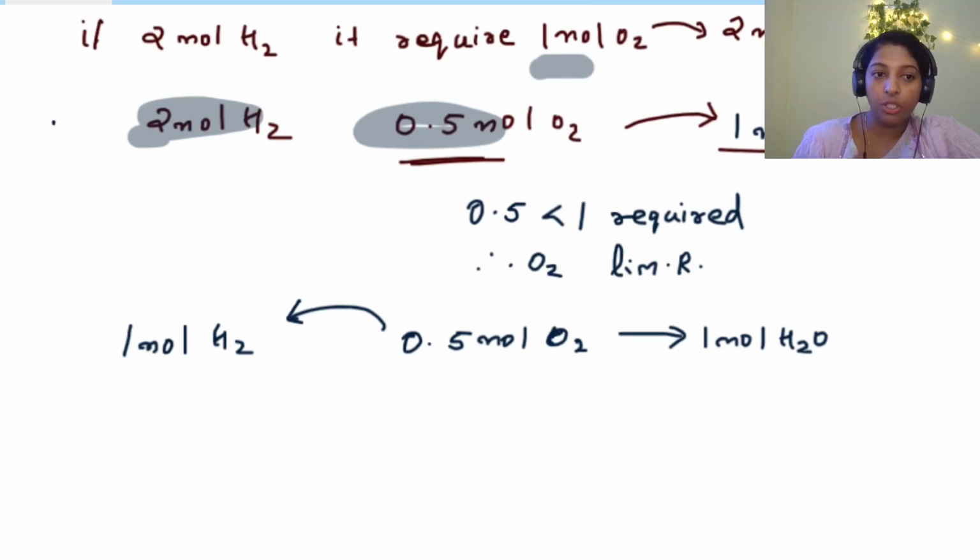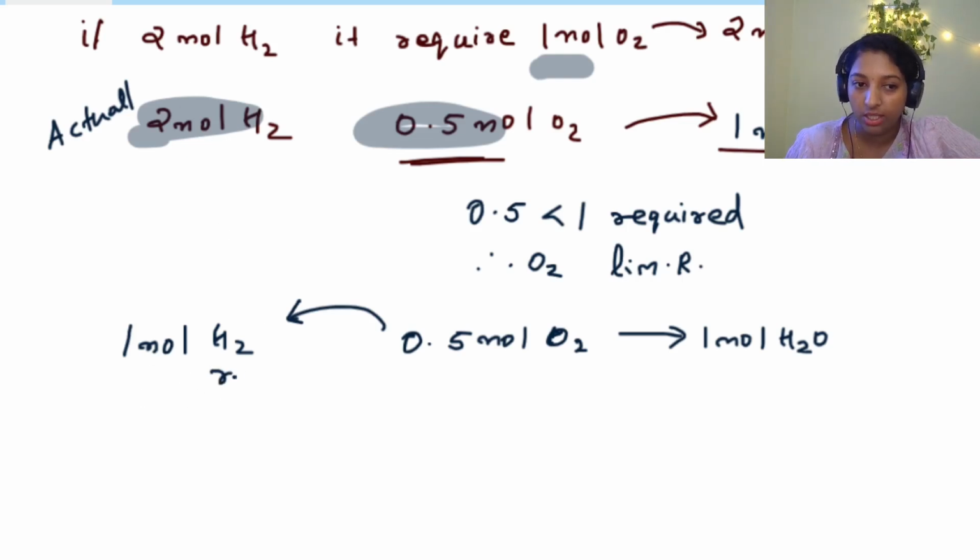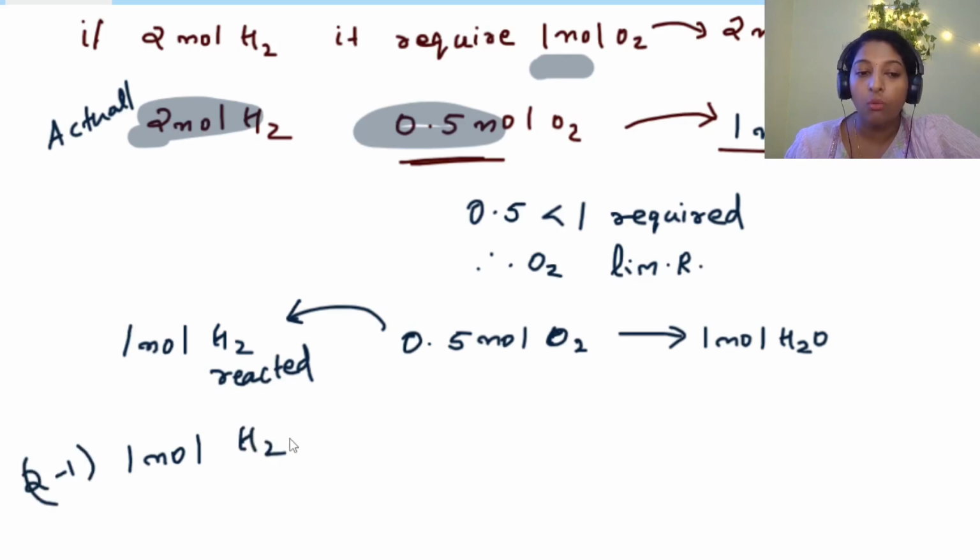But we actually have 2 moles of hydrogen, which means out of 2 moles, only 1 mole is reacted. This is the reacted amount. So what is the leftover? Yes, 1 mole of hydrogen is left over, because 2 minus 1. So 1 mole of hydrogen is in excess in that situation.